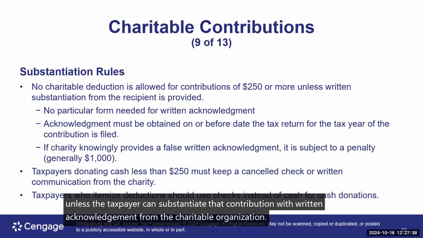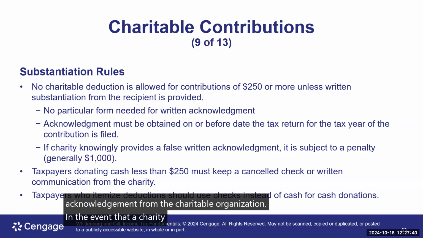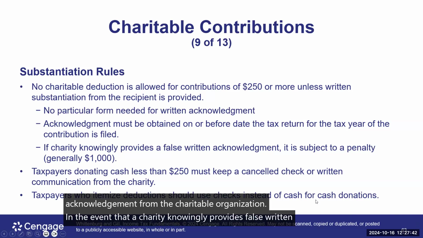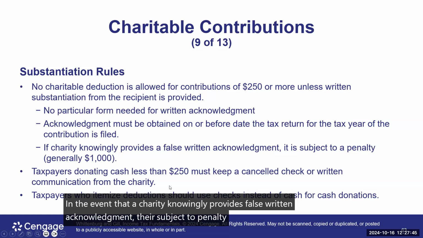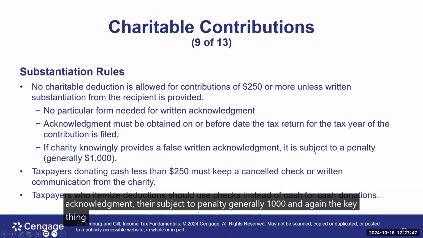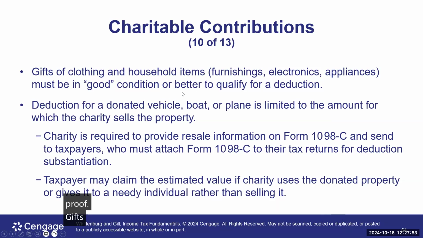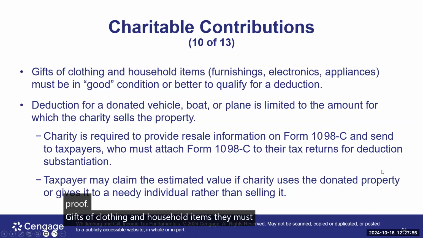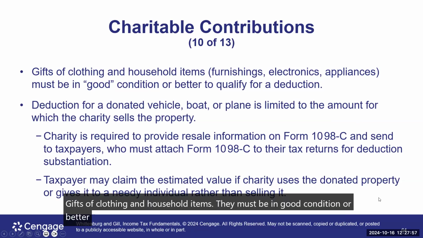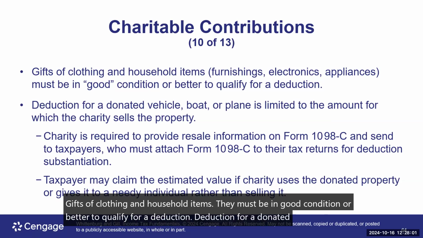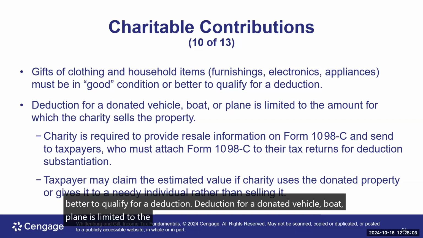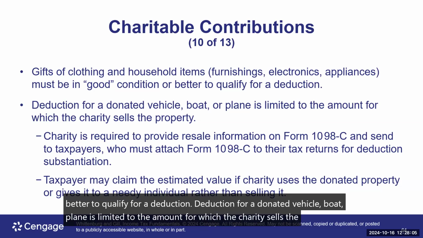In the event that a charity knowingly provides false written acknowledgement, they're subject to penalty, generally $1,000. And again, the key thing is you want to make sure that there is substantiation, there is proof. Gifts of clothing and household items must be in good condition or better to qualify for a deduction. The deduction for a donated vehicle, boat, or plane is limited to the amount for which the charity sells the property.